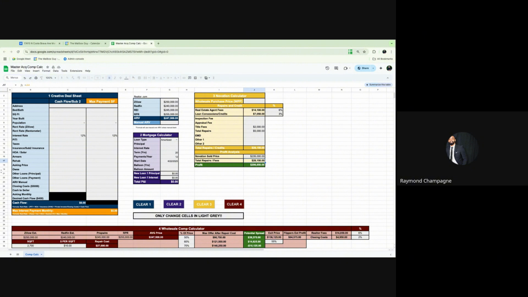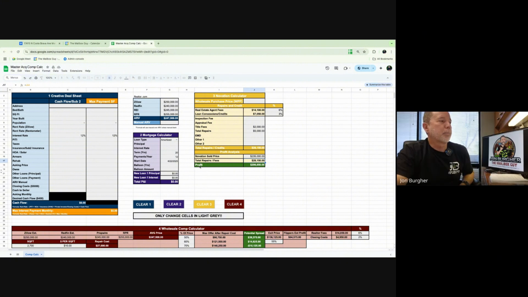Makes sense? So this profit margin down here, I want this to be a minimum of $30,000 all the time. That's what my staff runs under. So working it backwards, if I offer $200,000, that's not enough. I only make $6,800. So I'm going to have to go less than that. What if I do 180?